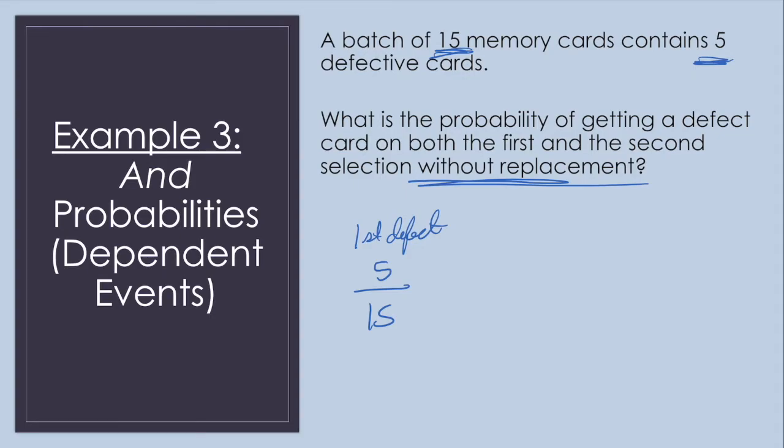But after that, I don't have 5 defective cards anymore, and I don't have 15 memory cards. If I take one card, I've got 14 left, and if I took one of the defective cards, that would mean I have 4 left.